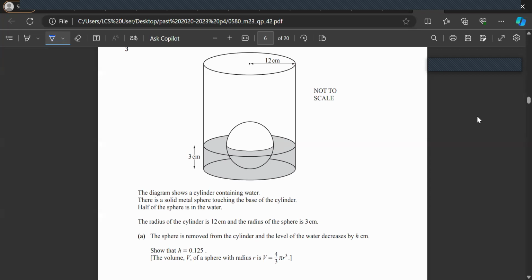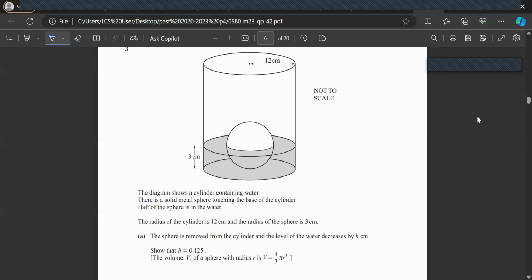The volume we see, like the occupied volume we see with the sphere in it. Okay. And find the volume. No, we can't do that. No, I'm not sure.